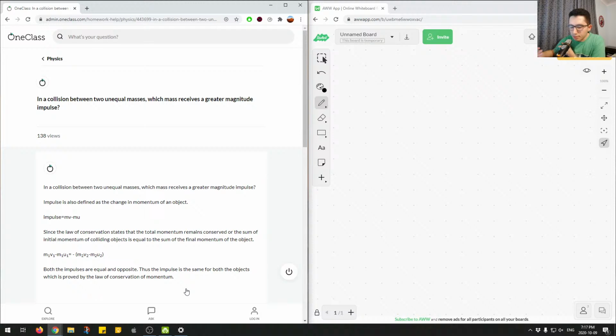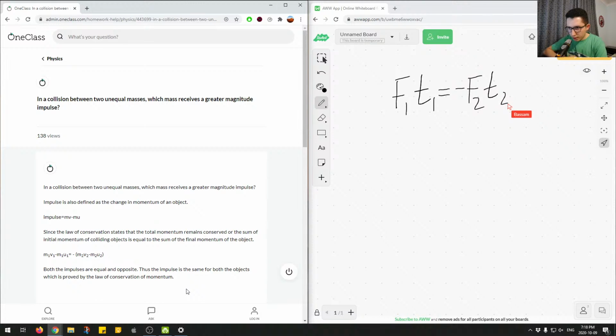For every action force, there's an equal and opposite reaction force. So if we had the equation for impulse, it is as follows: F1 T1 needs to be equal to F2 T2.